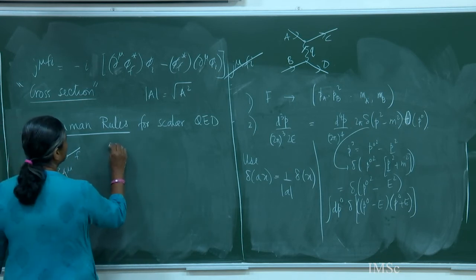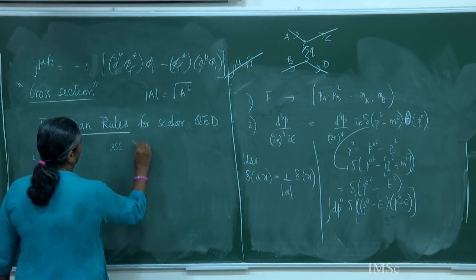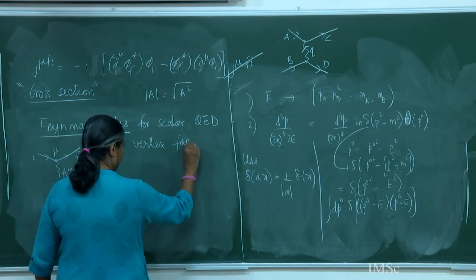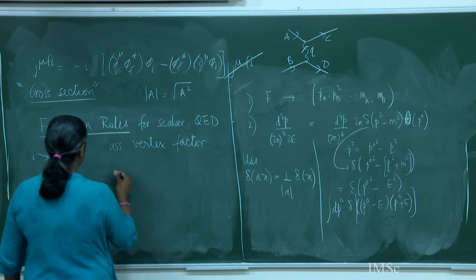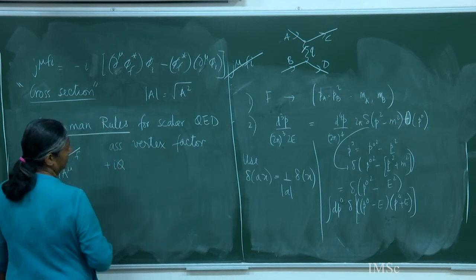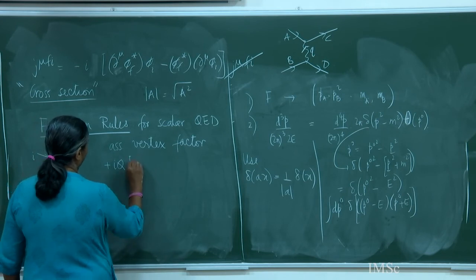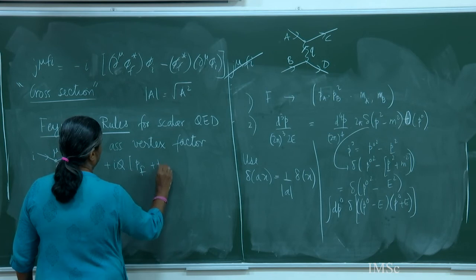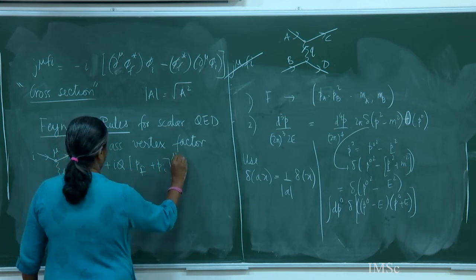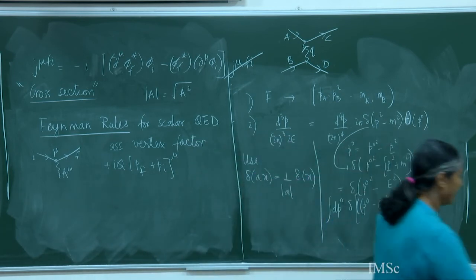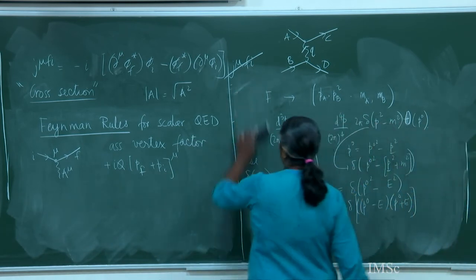Then I associate a vertex factor with this vertex, which is Q times (Pf plus Pi). You remember that? I will put that back because I am sure you have forgotten.